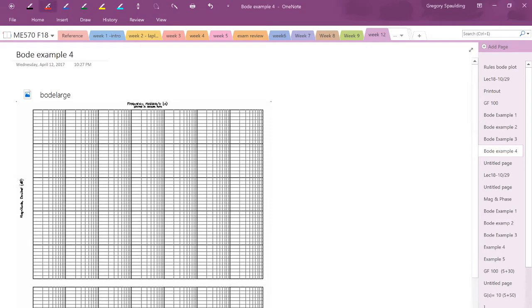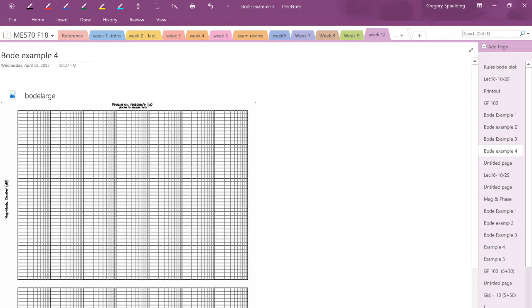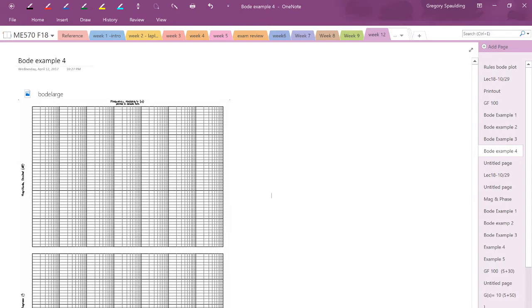All right, let's try another one here. Let's imagine that we've got a system, G(s) equals 10 times (s plus 10) over (s squared plus 3s).